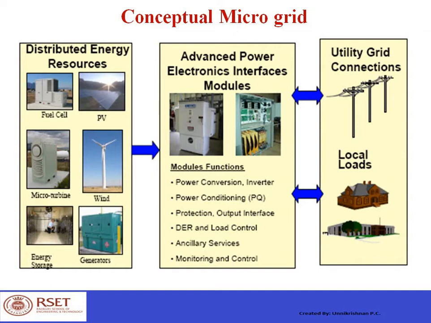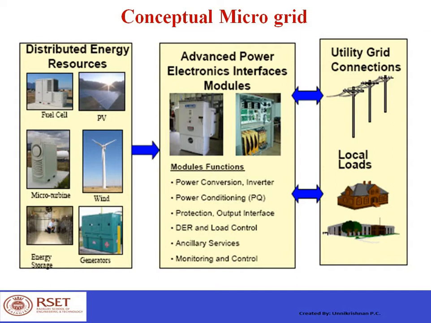Coming to the distributed energy resources, it can be fuel cells, solar panels, micro turbines, wind turbines, energy storage devices, or even generators. And we need a lot of advanced power electronic interface modules for power conversion, inversion, power conditioning, protection, interfacing the output, controlling the load, then ancillary services, monitoring and control.